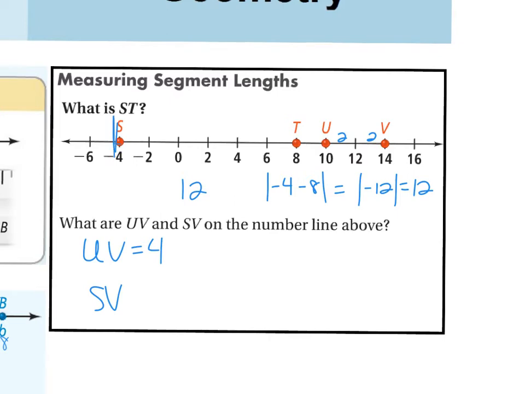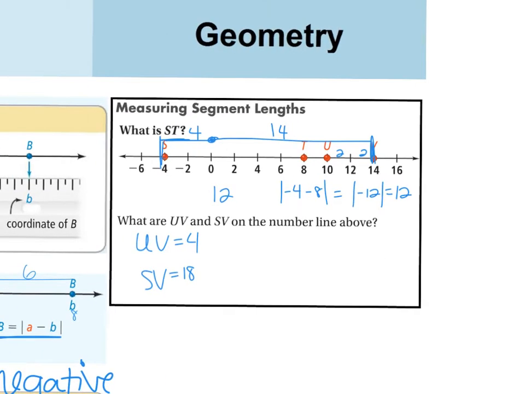Like I said, everybody sees this a little bit differently. This is how I see it. From 0, it's 14 away. And from 0 to negative 4 is 4 away. Then I add them together and I get 18. If you wanted to just count by twos each space, that's perfectly fine too. Whichever works best for you.